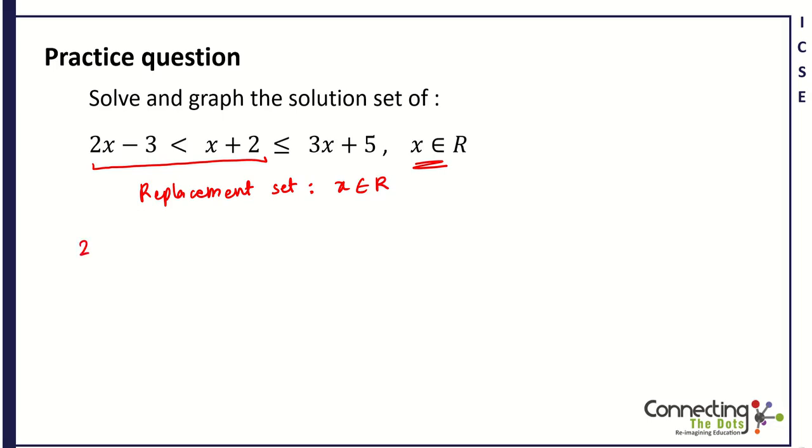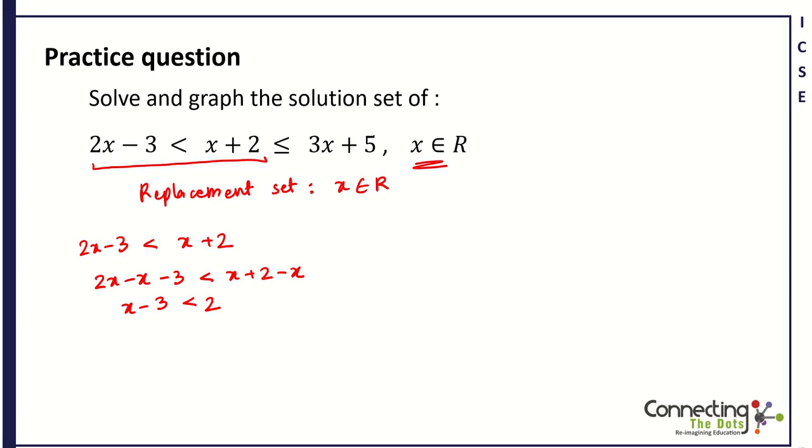First, let's consider 2x minus 3 less than x plus 2. You can subtract x from both sides of the inequation and you get 2x minus x minus 3 is less than x plus 2 minus x. That leads us to x minus 3 is less than 2.